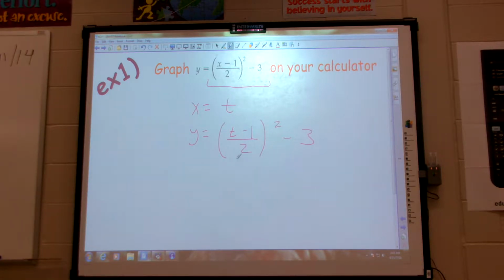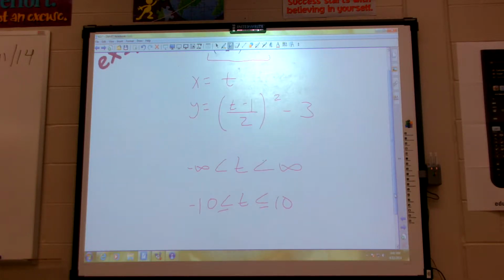Yeah? Now I need boundaries. Really what's going on is negative infinity to infinity, but I can't put that in my calculator. So what we normally put in is negative 10 to 10.